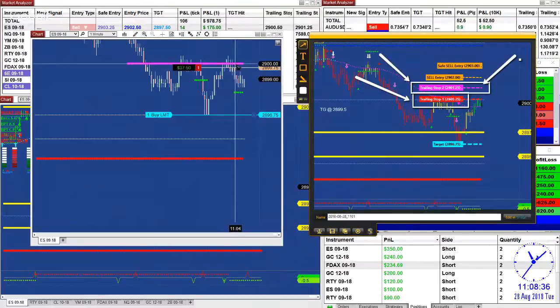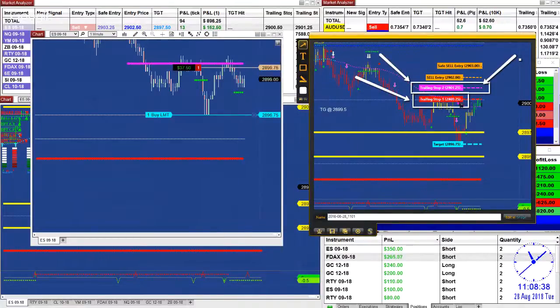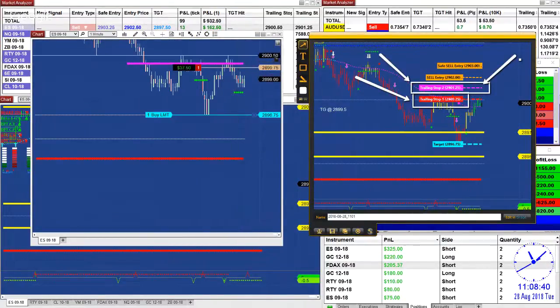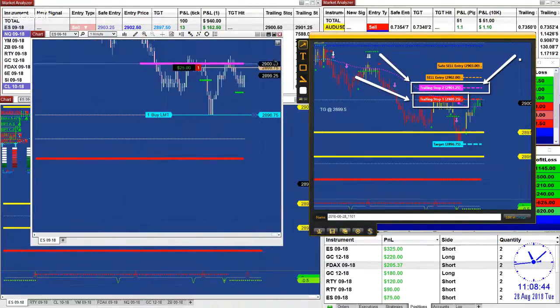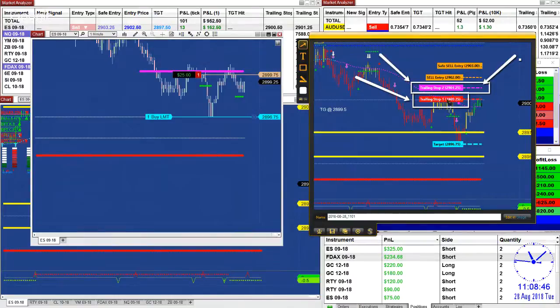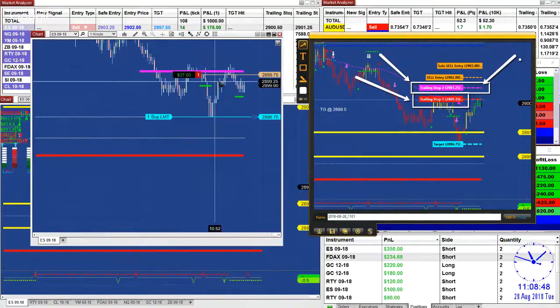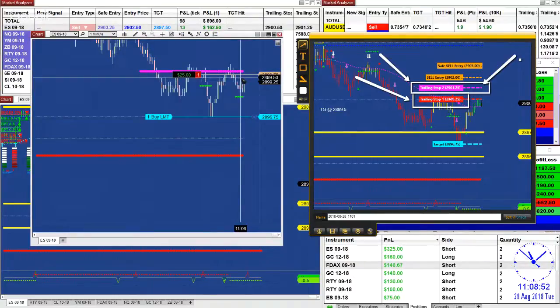But what made me take this trailing stop because of this double resistance was earlier on the ES, and that can verify for me this market is going to be dropping from those areas.